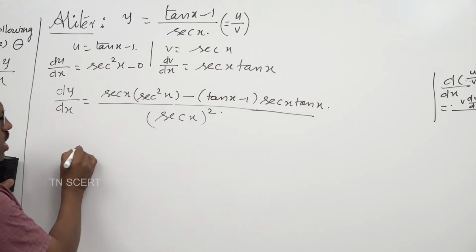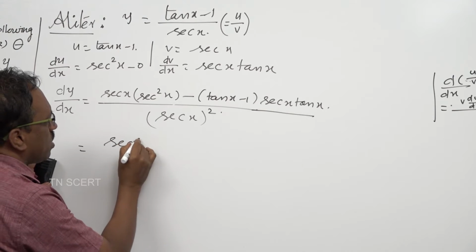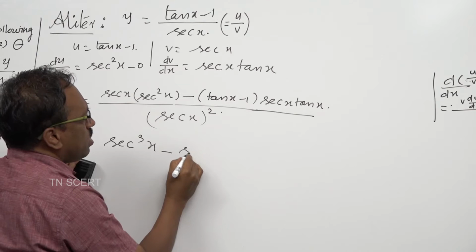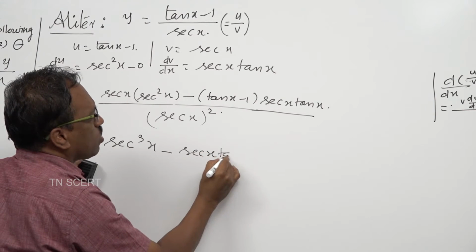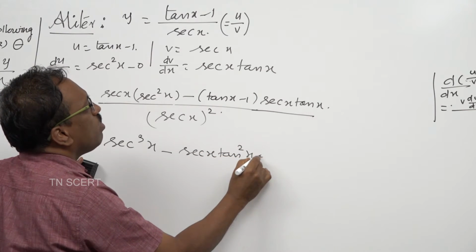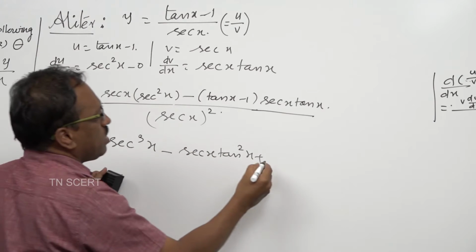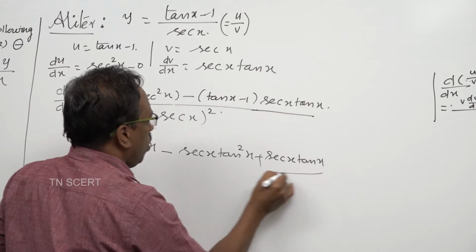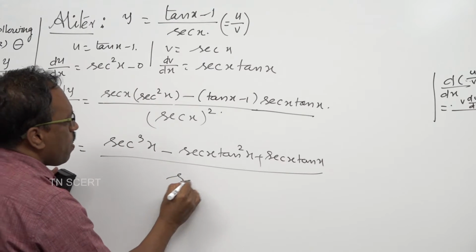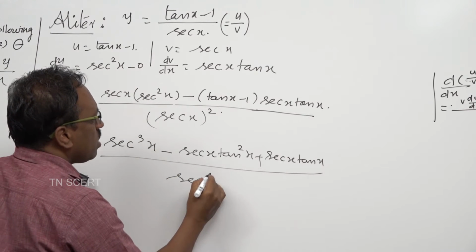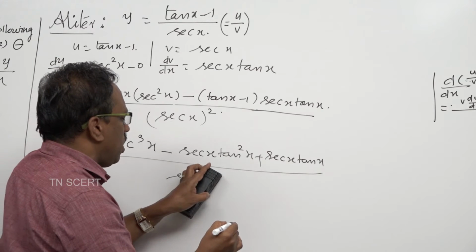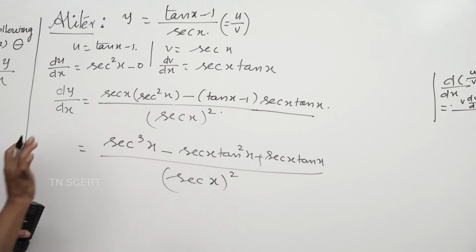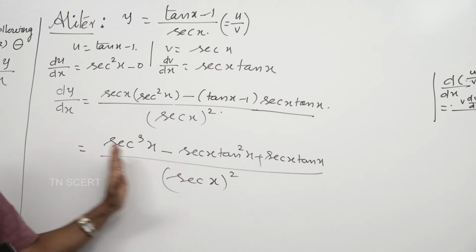So now let us take secant cube x. Here it is just multiplication. Secant x into tan square x, plus, minus into minus is plus, secant x tan x, the whole divided by secant x the whole square. Let it be here. So we have this function.